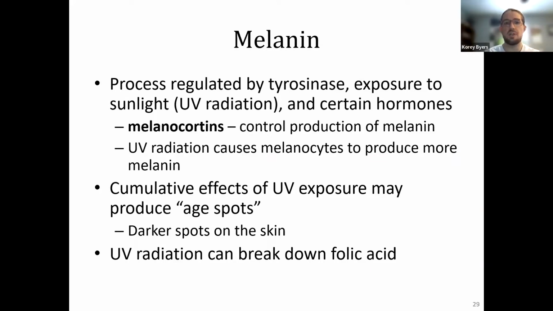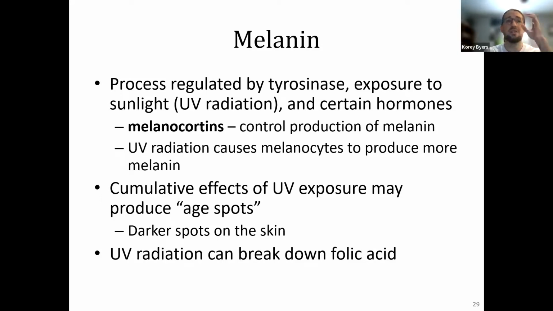These are hormones that control the production of melanin, and UV radiation tends to stimulate the production of melanocortins to say, hey, make more. We're out in the sun, we need to be protected. Sometimes over the years, if you've had a lot of UV rays beating down on your skin and you haven't been wearing sunscreen, it can cause permanent darkened areas that we call age spots.